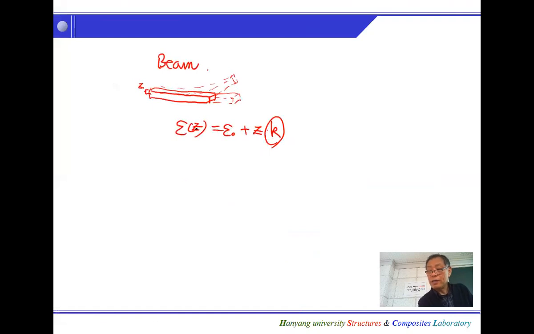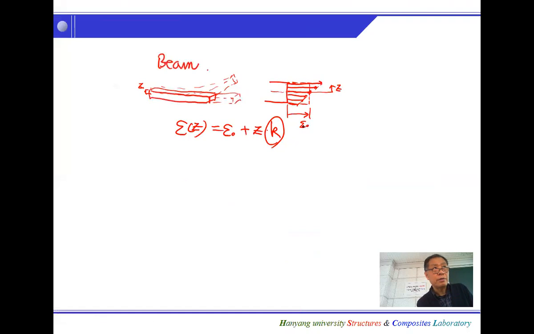So strain through the Z. Here the strain is always linear, with a uniform and a linear term. Say this one is the coordinate Z, and now this is the strain, and that is a strain. This is a function of Z. And what is this?